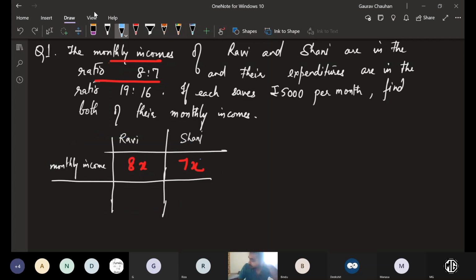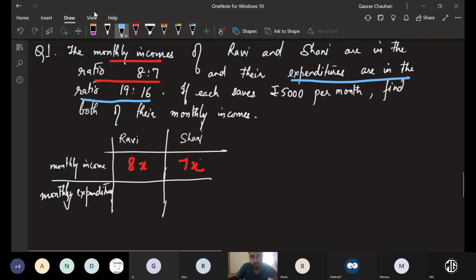What do we know? Sir, now we know monthly expenditures are in the ratio 19:16, sir. Okay, so monthly expenditure is in the ratio 19:16. So what will I write here? Sir, 19y and 16y, sir.